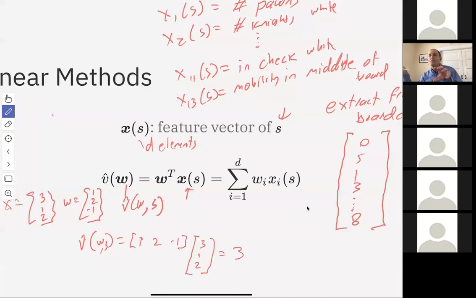So our approximation function would say that we have the same value for this state and this other state whose difference is only a pawn away. That's our approximation. And this is nice because it generalizes to new states we've never seen.